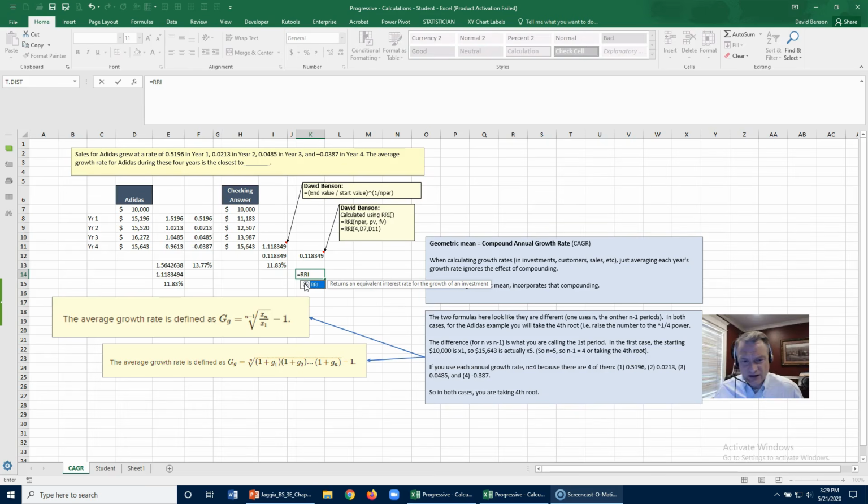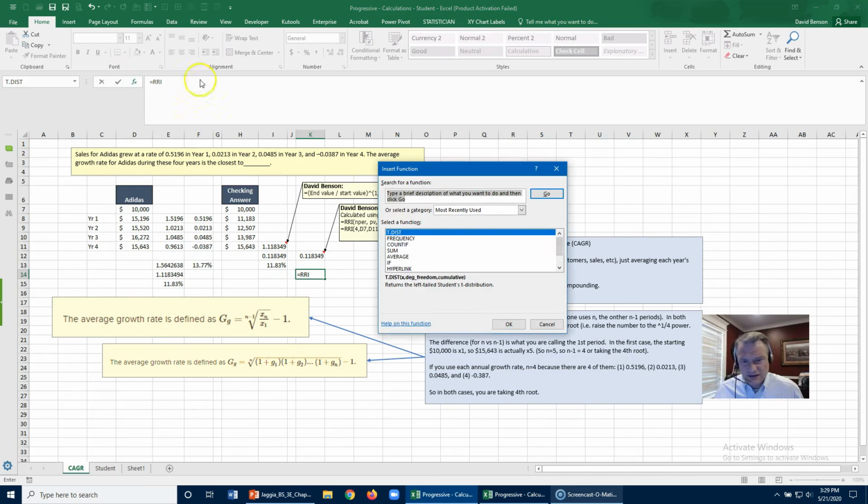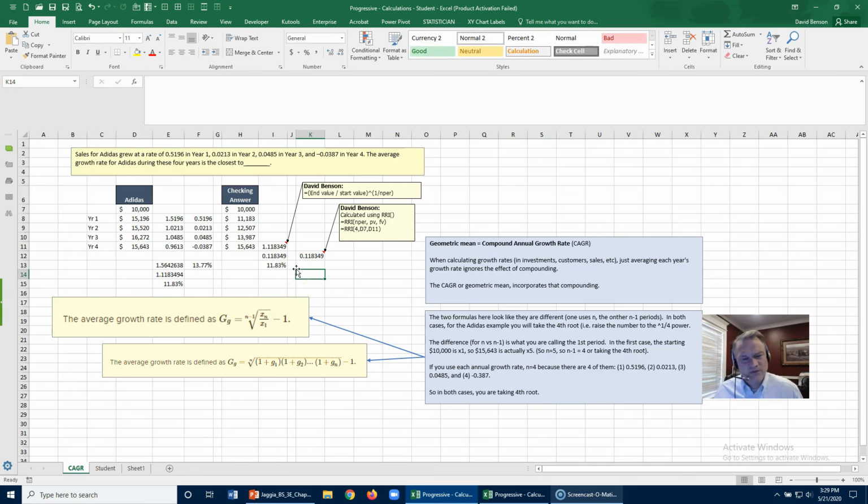And what does RRI even stand for? Returns, it's like an IRR. It's the equivalent interest rate, but it's the compound annual growth rate.